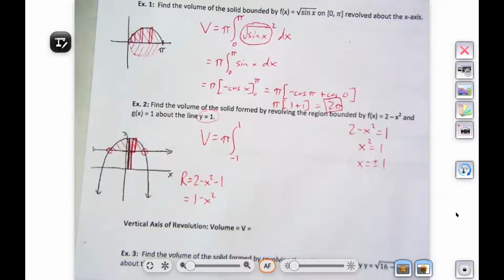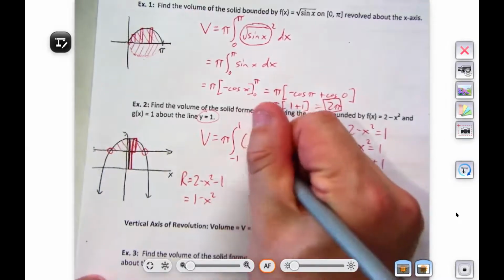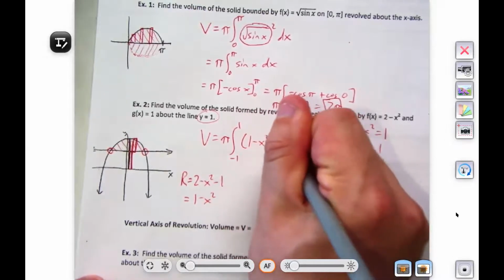So it's either the function or the function minus the number. And it actually doesn't matter if you do the function minus the number or the number minus the function, because you're squaring that value anyway, and you're always going to get the same value. But now I'm just going to plug that in here. So it's going to be 1 minus x squared, squared.